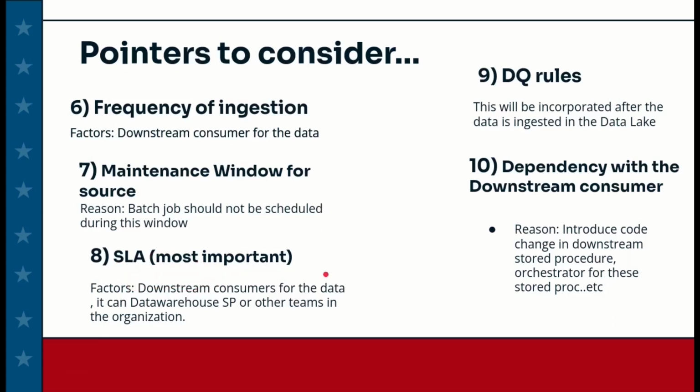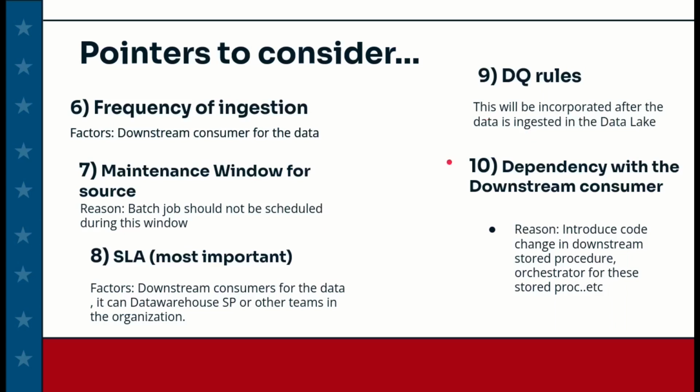It can be a stored procedure depending on the source, or it can be a separate team that is pulling the data from this specific S3 location. Next, ask for any nuclear rules that need to be incorporated as a part of data ingestion pipelines.